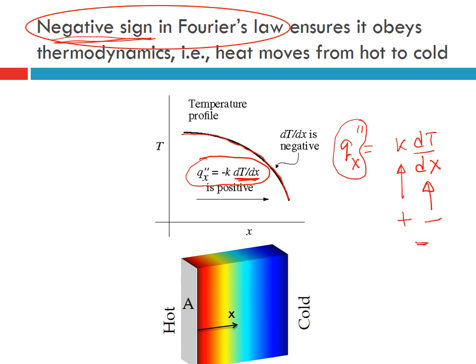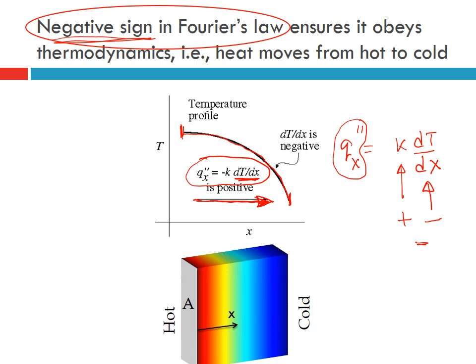But look, temperature is high here and low here, so thermodynamically we know that heat has to go this way, so the heat flux in the x direction has to be positive in this case.